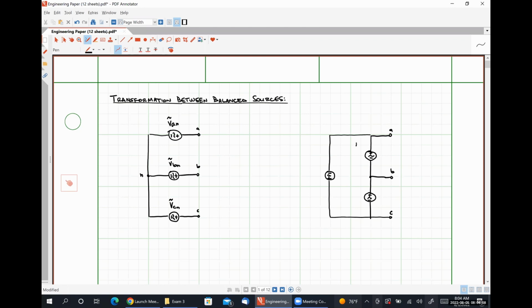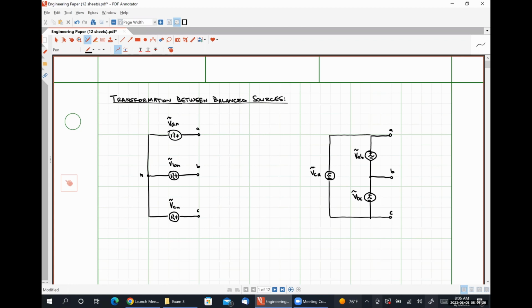This voltage is VAB. This voltage is VBC. And this voltage is VCA. And our goal here is simply to figure out the rules that make these two circuits equivalent, okay? If we can figure out what that is, then we can develop a transformation from that.